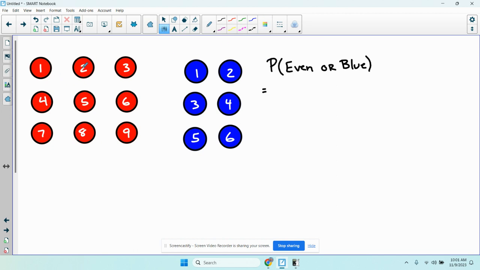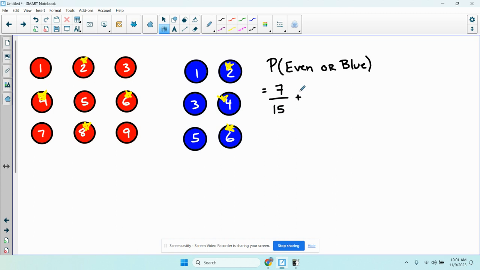This is even, this 2, this 4, and this 6. So we have 1, 2, 3, 4, 5, 6, 7 even marbles. 7 of them are even out of a total of 15.